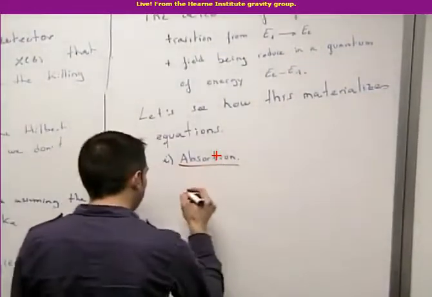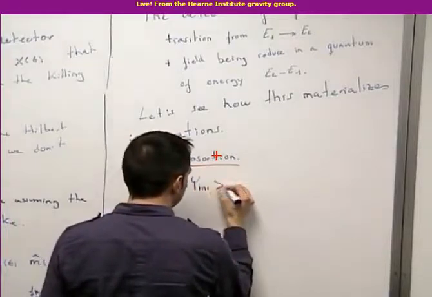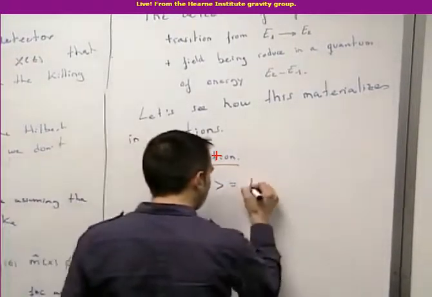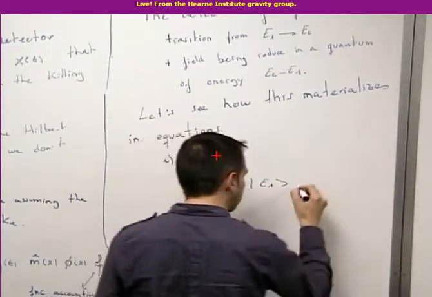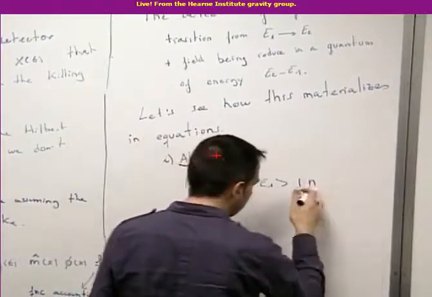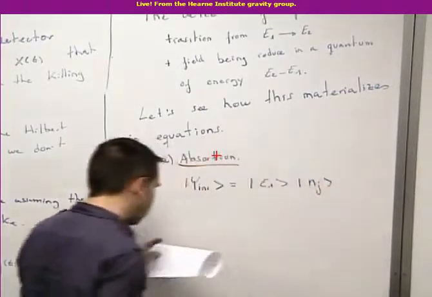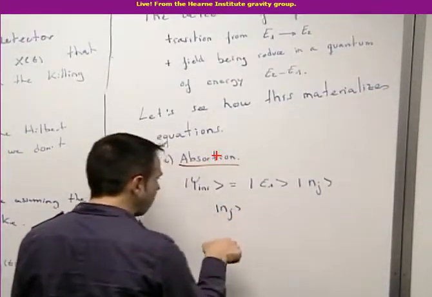So first of all, we will assume that the initial state of our system, our system is the field and the detector. We will assume that the initial state of the system is the detector in the ground state. And I'm going to choose for simplicity that the field is in a state with n quanta in the mode j.